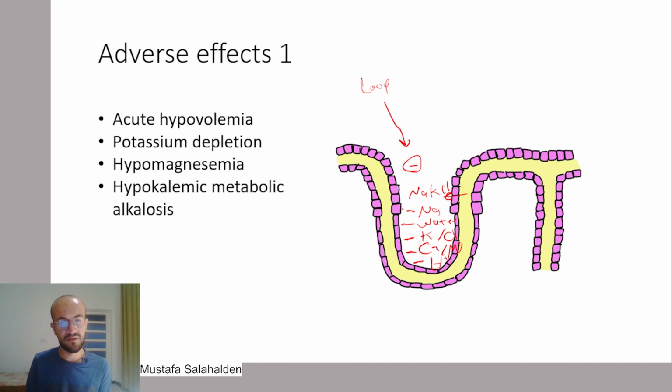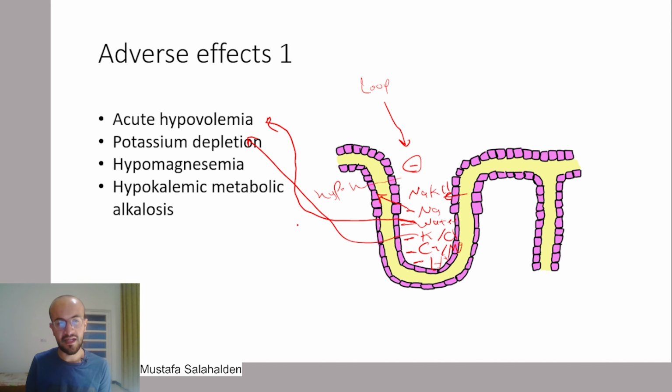So if we lose the sodium, we would get hyponatremia. If we lose more than enough water, we would get the hypovolemia. If we lose a lot of potassium, we would get the potassium depletion.